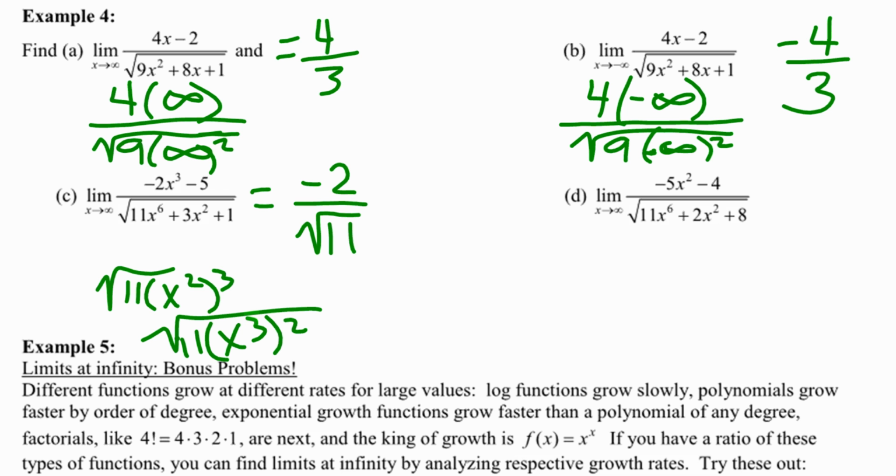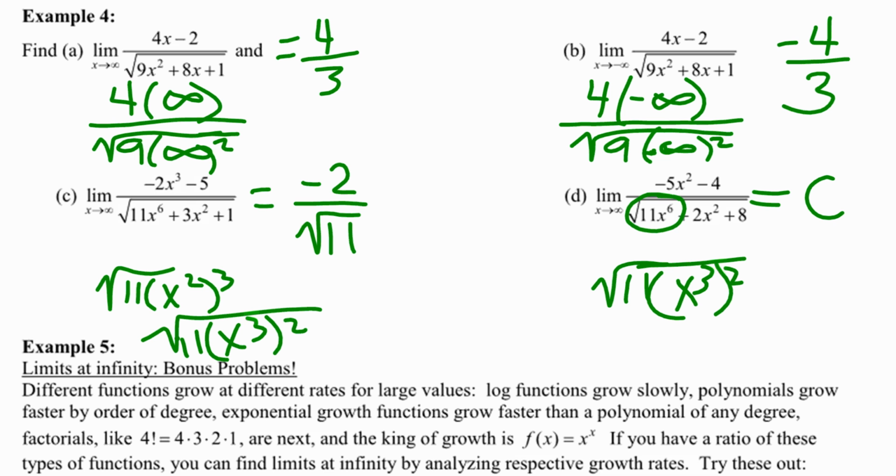Here it appears that the degrees will not be the same. The degree in the denominator instead is like x cubed. Since that's larger than x squared, the bottom will grow faster, and this will instead approach 0.